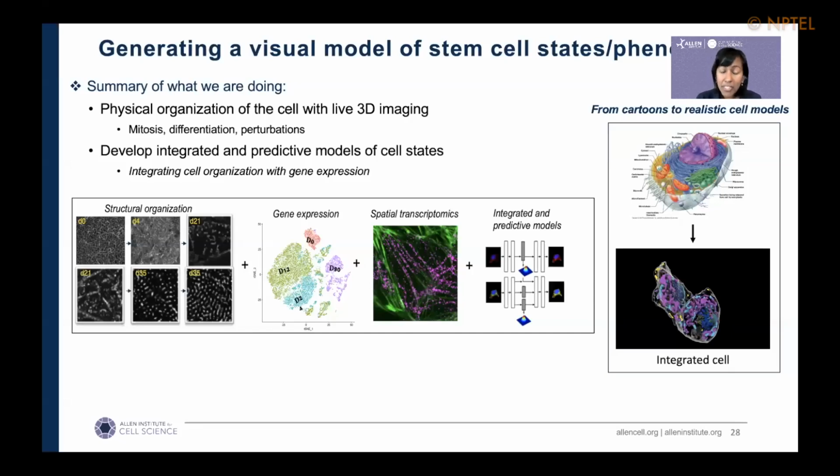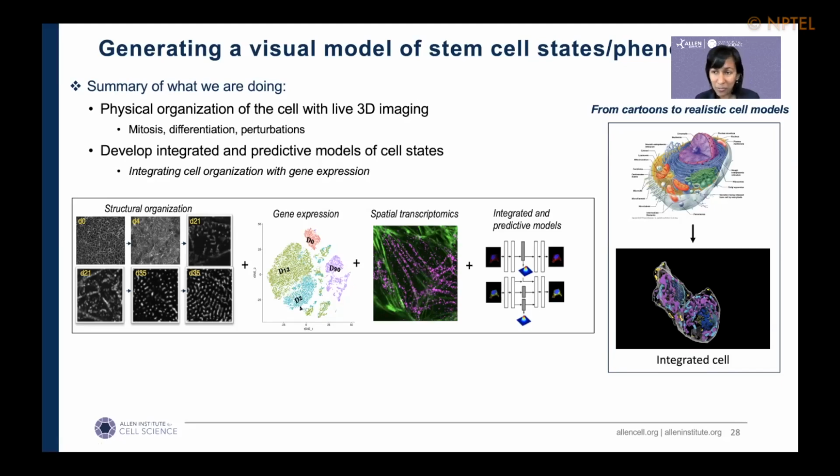So what we're working towards is combining images, fluorescent images to the left, where we follow the dynamics of how the cells change, with RNA-seq type of sequencing information, so we know what are the genes that change, and then visualize them in the same cell like I showed you for the cardiomyocyte, and integrate all those data.